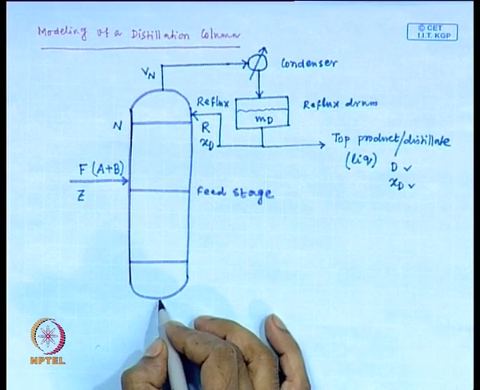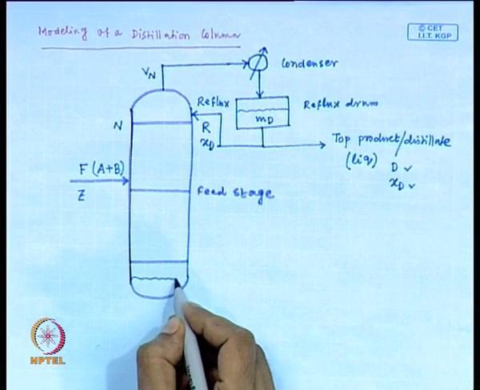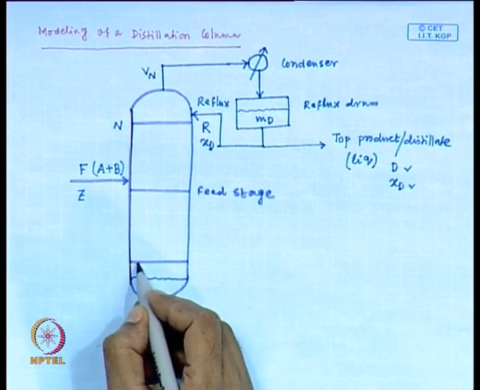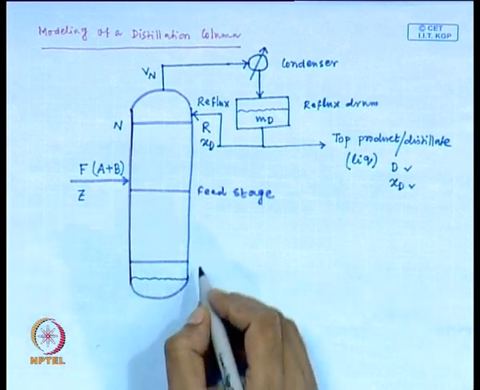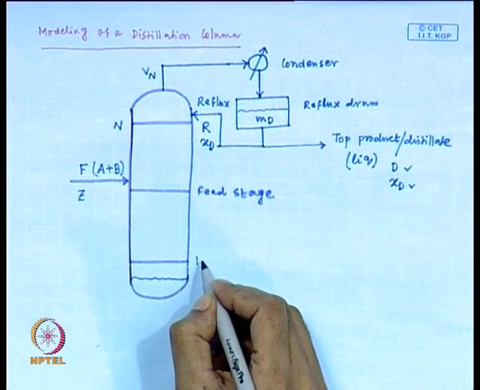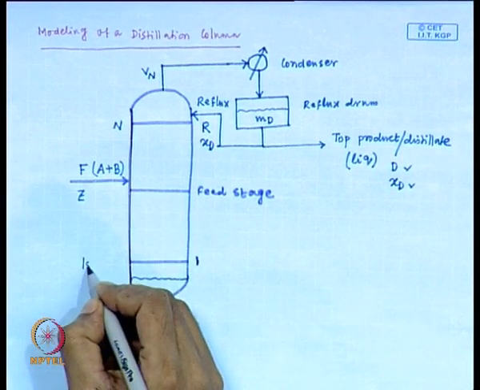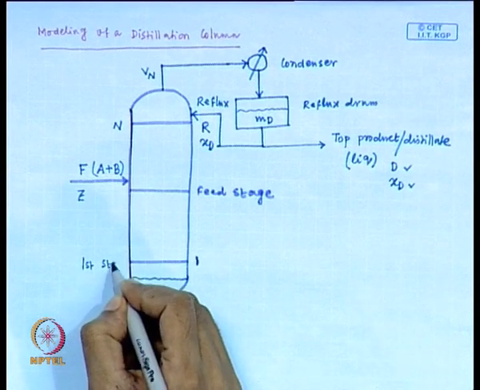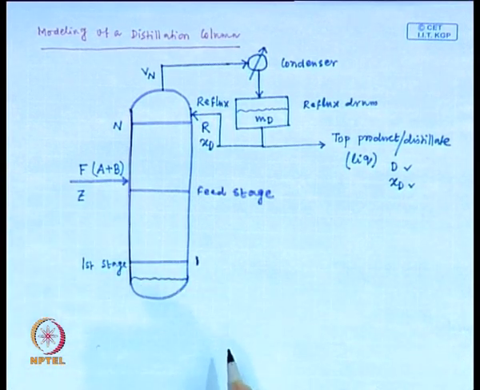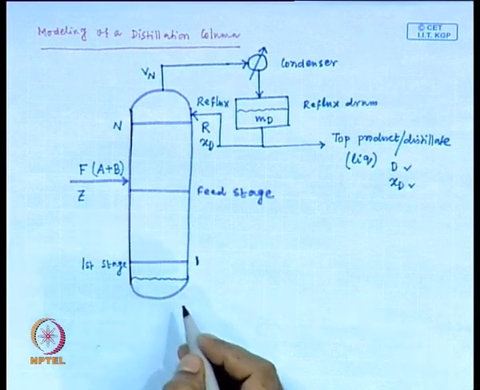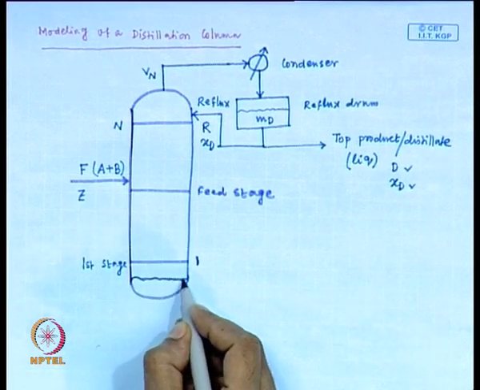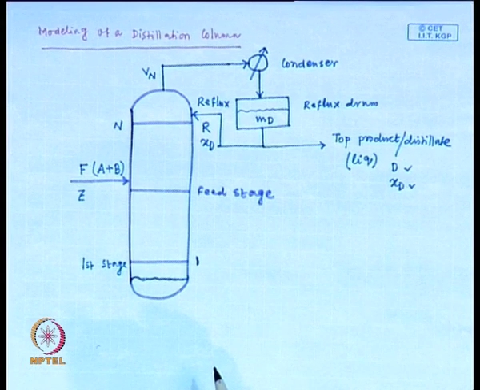Similarly, at the bottom section, the liquid which left this bottom tray, we can say first tray, this is first stage, is accumulated in this column base.